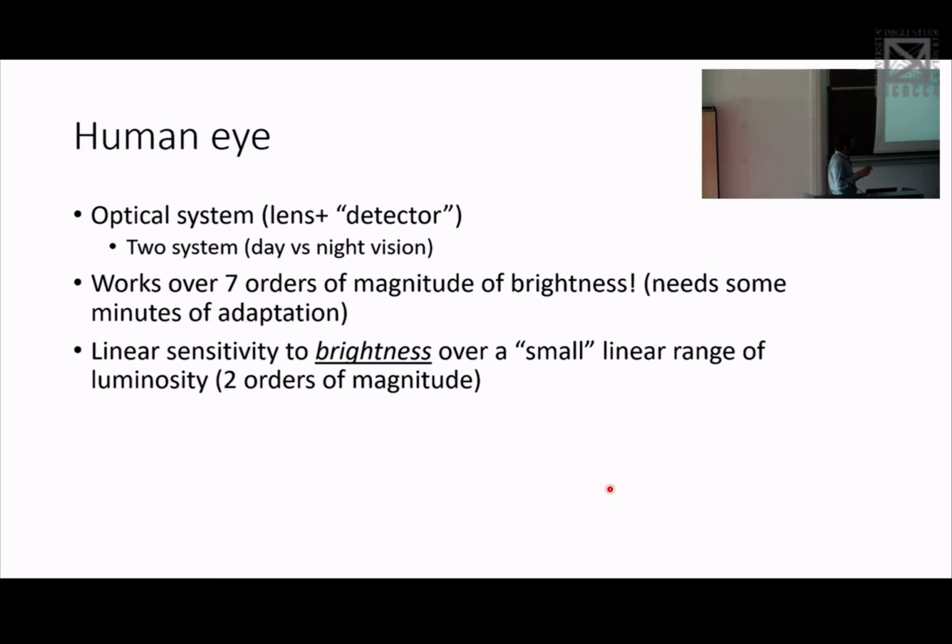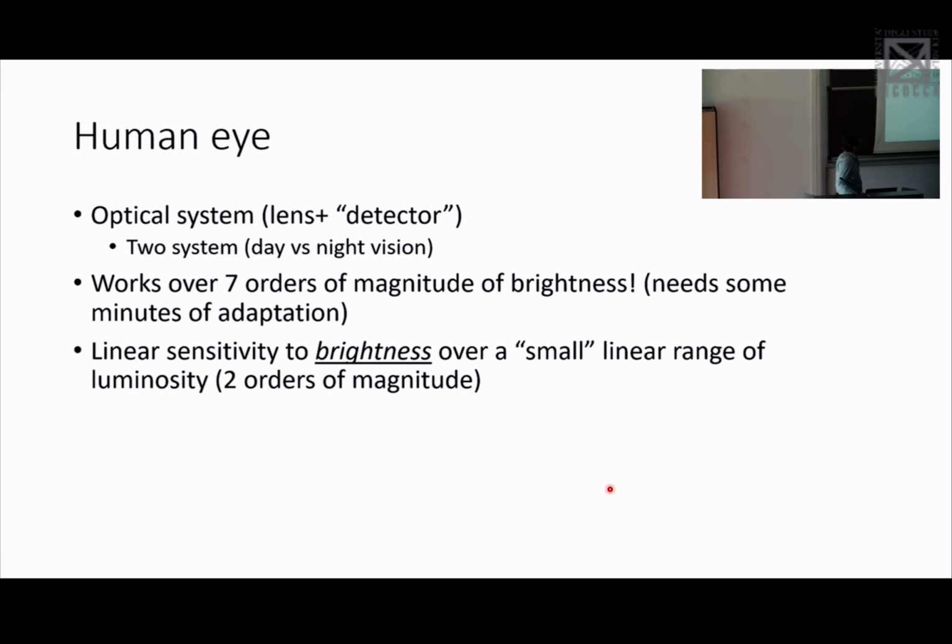And around 2 orders of magnitude of luminosity, you can see your eye behaves linearly. Like if you are driving and you go inside a tunnel with no lights on the top, you don't see anything, even if your eye will be able to do that. You will need to spend some minutes, and it's the opposite when you're coming out.